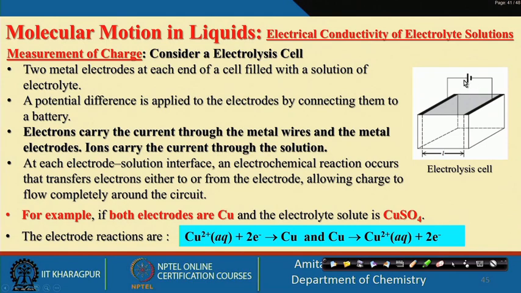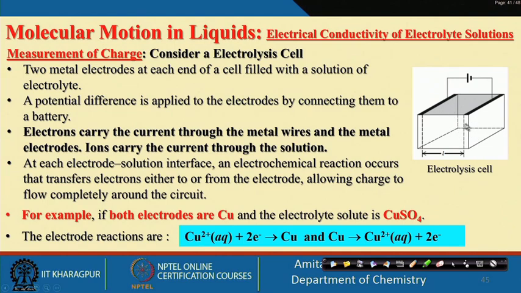Now, what happens when you have a system with a solution phase as well as solid metal electrodes? Electrons flow and carry the current through the metal wires. These are the connecting wires, and electrons will flow like this. The circuit does not get completed until something passes through the solution phase as well.